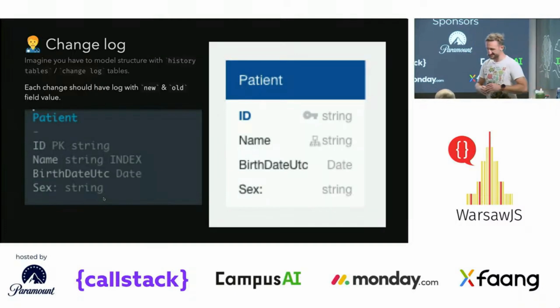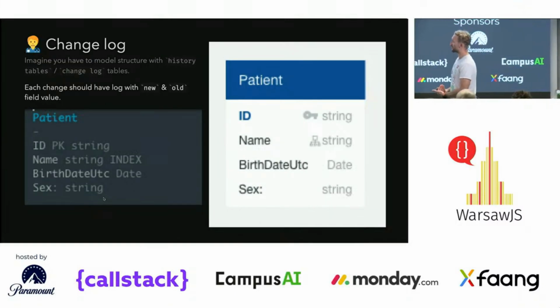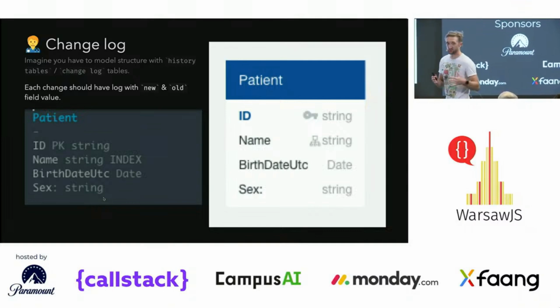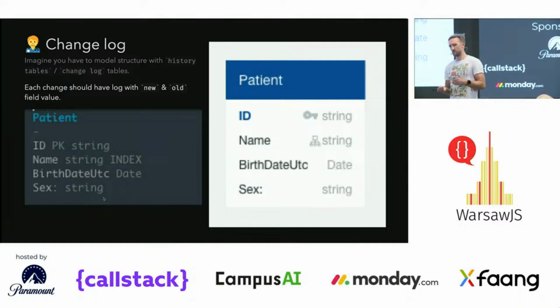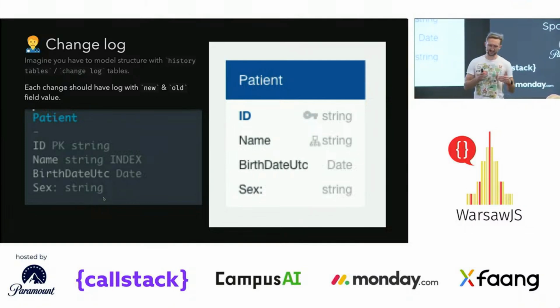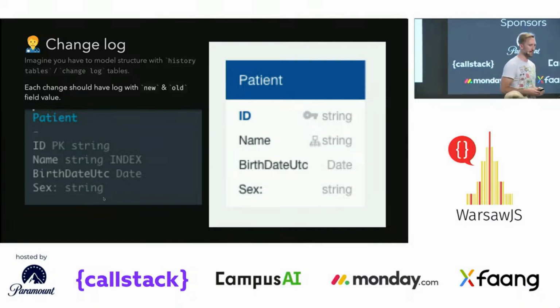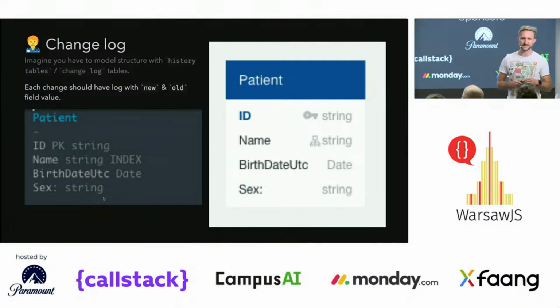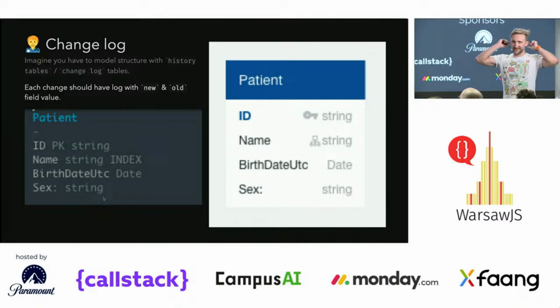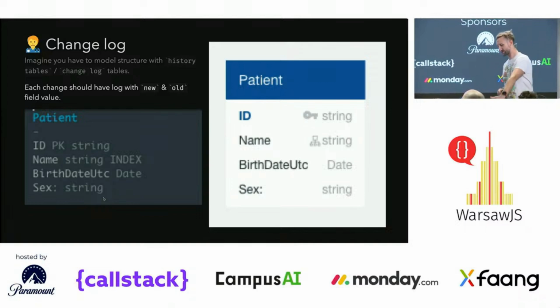Okay, let's dive more into the topic. If you ever had a chance to work with any finance project or maybe something which includes medical data, I had this chance. You have to store any freaking change. If you're changing the visit, you're storing the change.